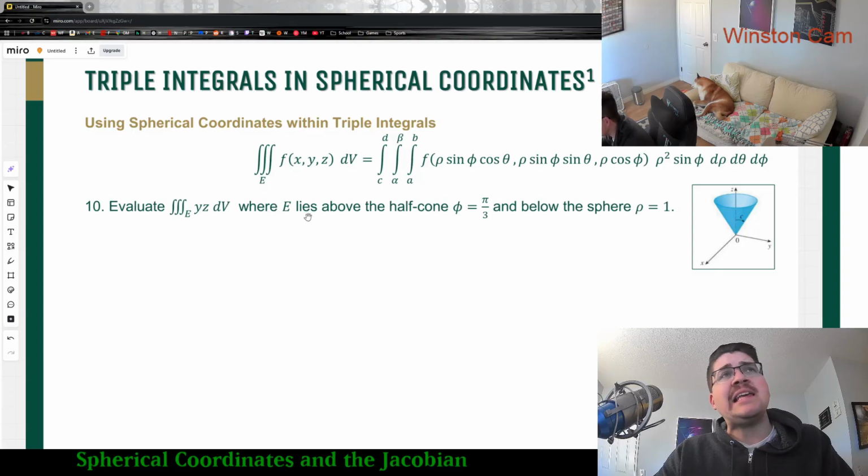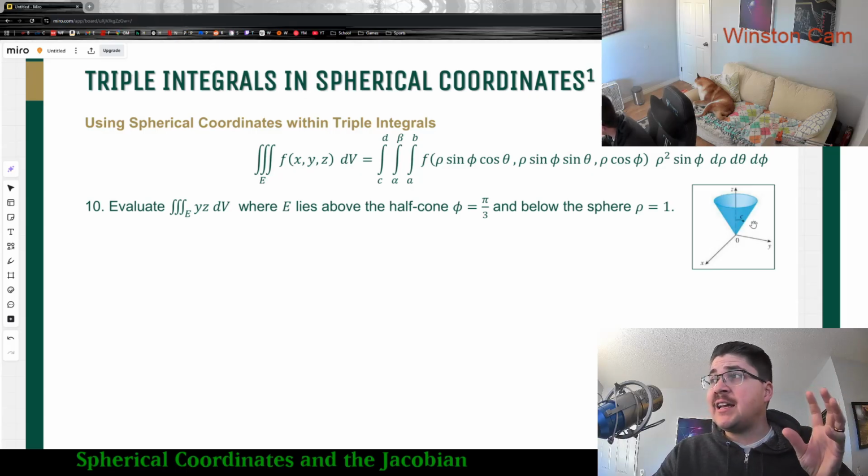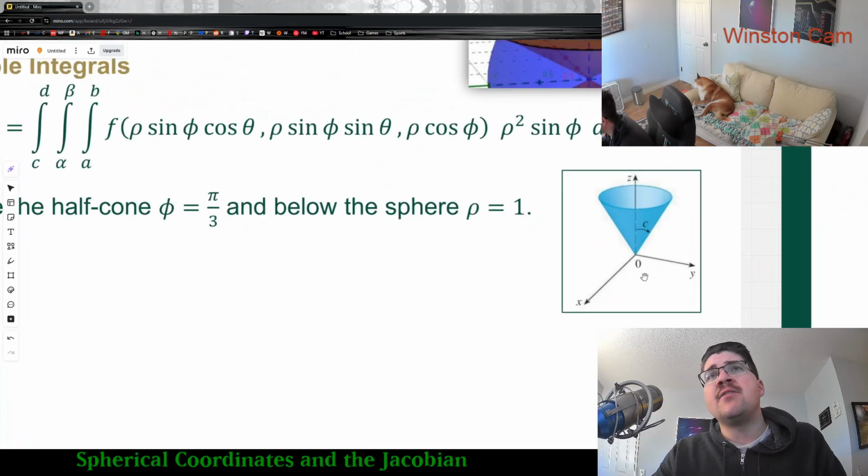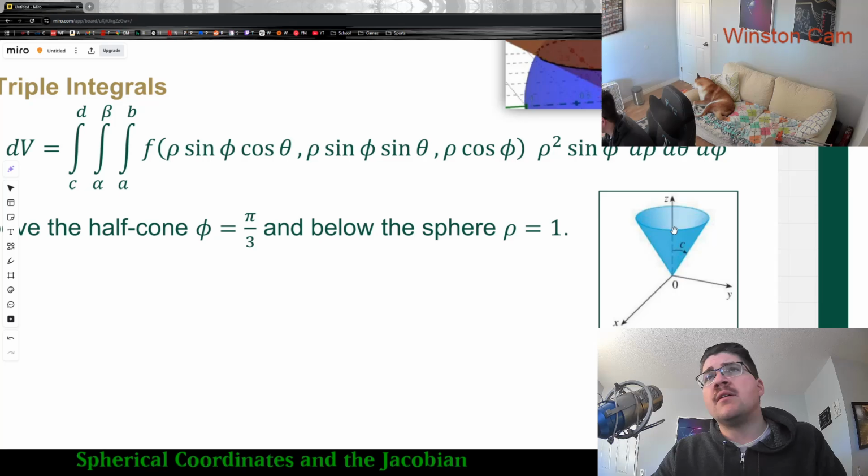And it says where E lies above the half cone phi equal pi over 3 and below the sphere rho equal to 1. I know we define cones using rectangular coordinates back in chapter 12, but they're actually fairly simple to do in spherical coordinates, because if we just fixate the phi parameter, remember phi is the angle that our curve takes with respect to the z-axis.